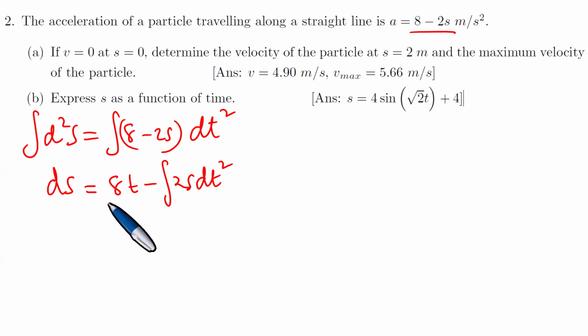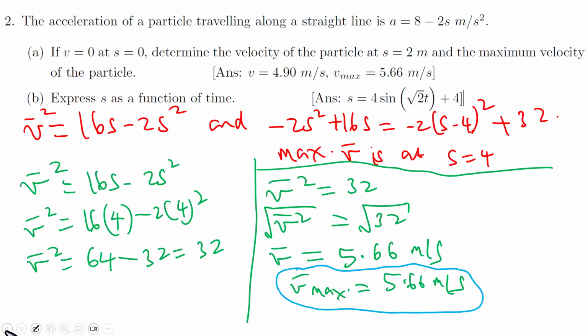Right, and remember, we actually want to determine s as a function of time. There are a couple of ways to look at this, and I'm looking at the best way. Let me see what we have got here first.